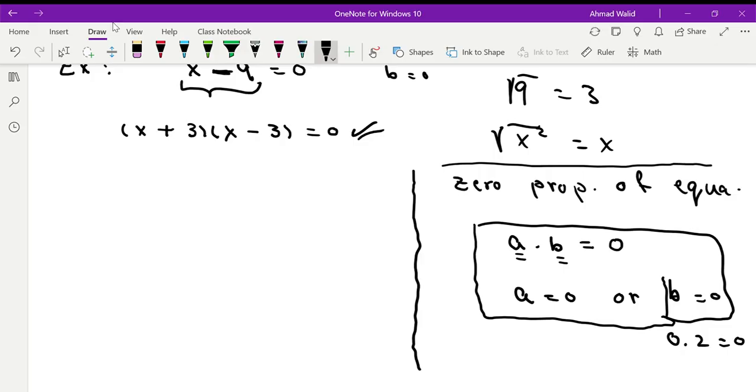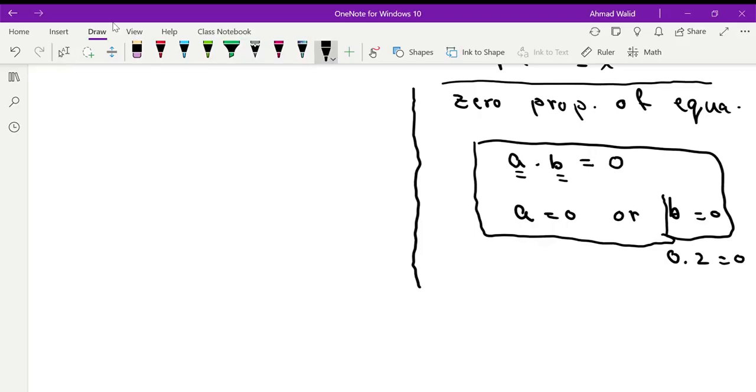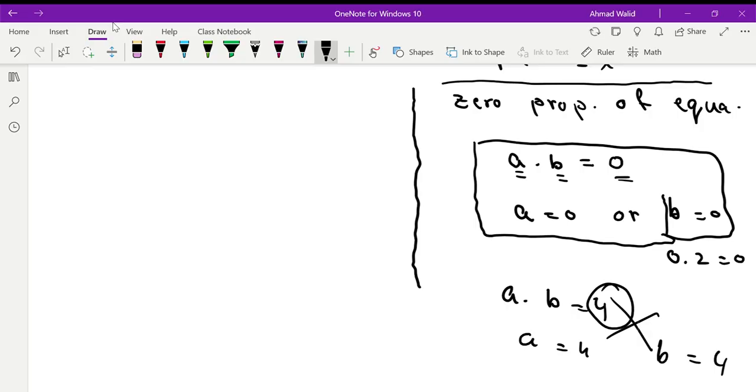But remember, please, that the right side, the product, should be 0. If I have A times B equal 4, I cannot say A is equal 4 or B is equal 4. You cannot use this property if you have a number on the right side.